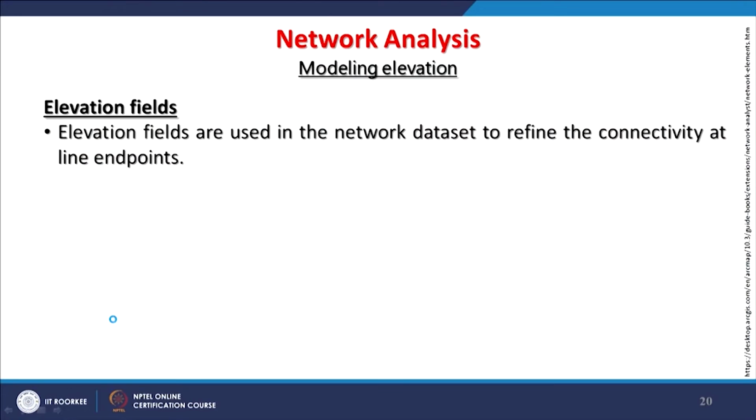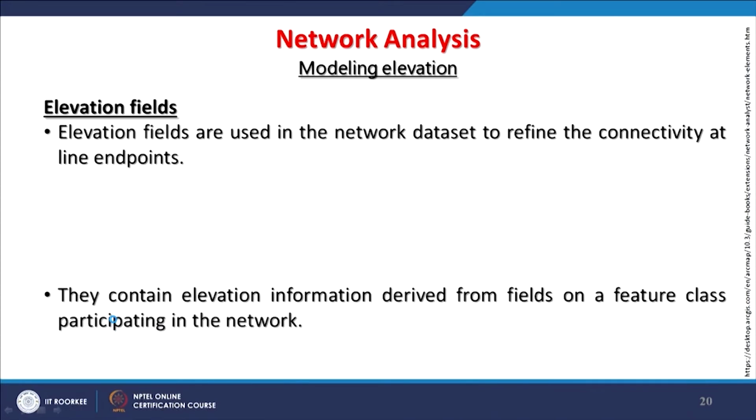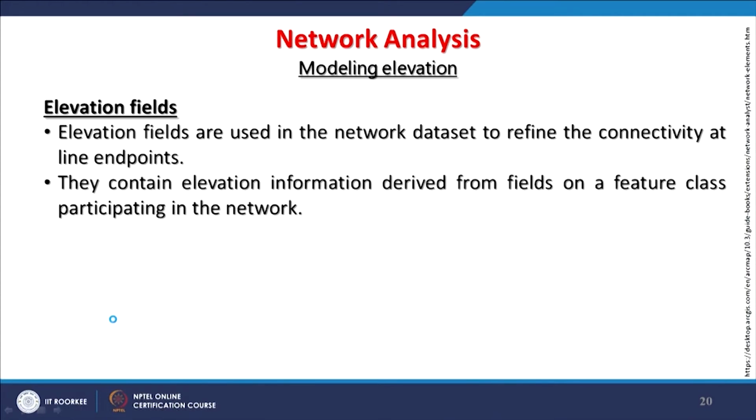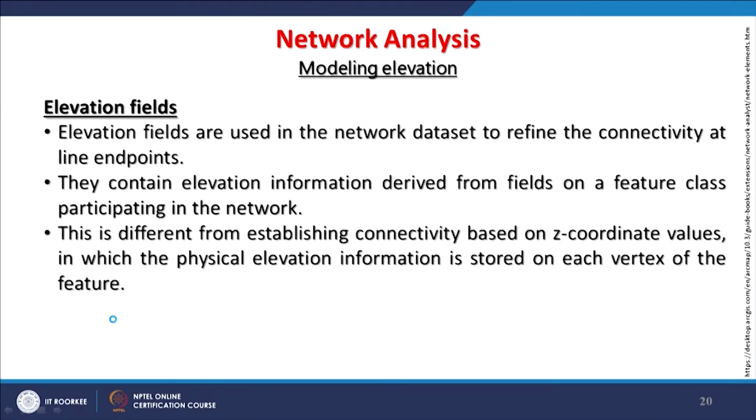So, elevation fields, which can be created in a database, are used in the network dataset to redefine connectivity at line endpoints, and they contain elevation information derived from the field on a feature class participating in the network. So, the height above mean sea level or depth, or whatever information, has to be collected and then stored in our attribute table as a feature class participating in the network.